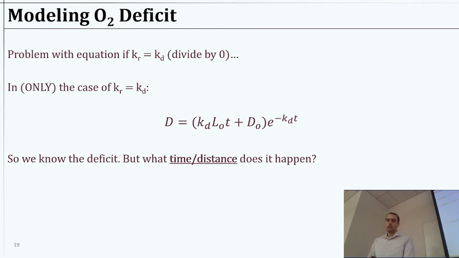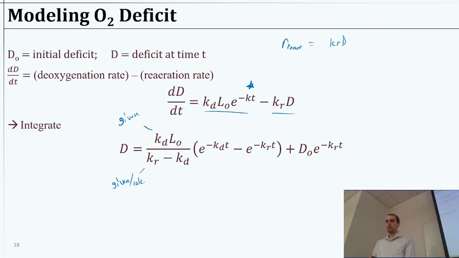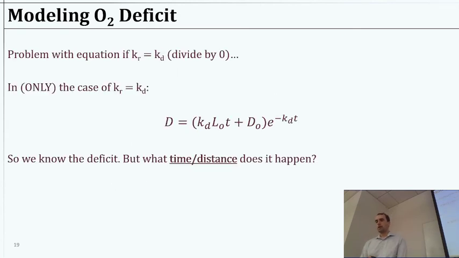Okay, now if you take a close look at this equation, one thing that can happen is, what happens if your KR happens to be equal to KD? Then you're dividing by 0. So if the rate constants for removal and addition of your oxygen are equal, KR equals KD, you're dividing by 0.